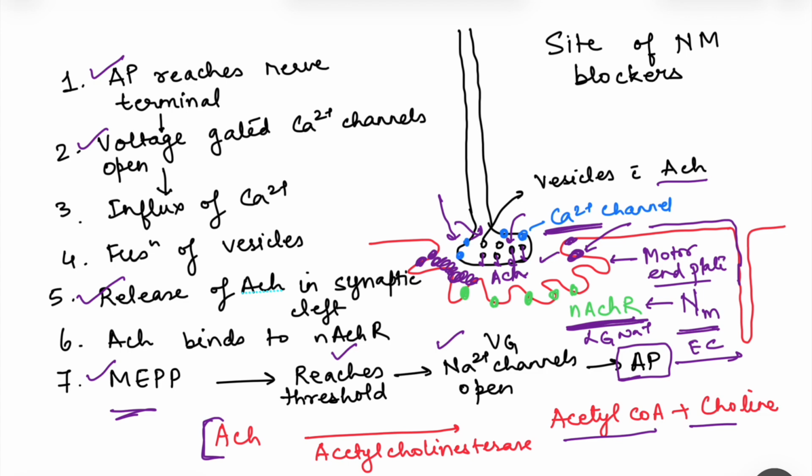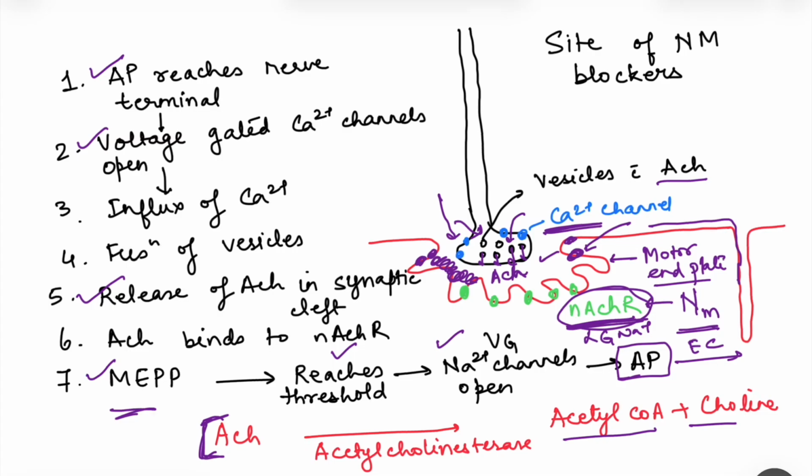It is very important that acetylcholinesterase breaks down acetylcholine immediately so that acetylcholine is not repeatedly binding and keeping the N-acetylcholine receptors stimulated for a very long time, because we want one action potential to cause one contraction only and there should not be persistent stimulation. So this is the basic physiology.